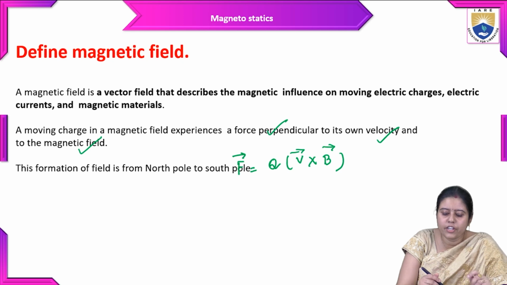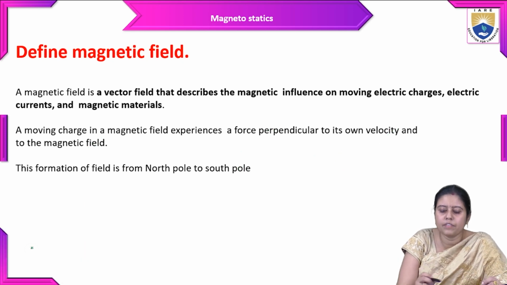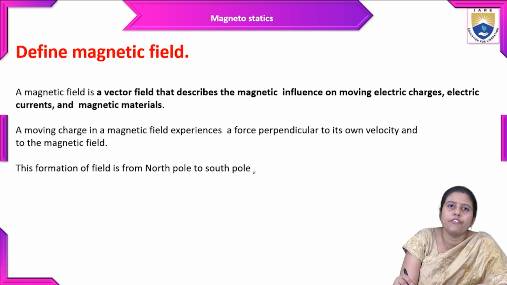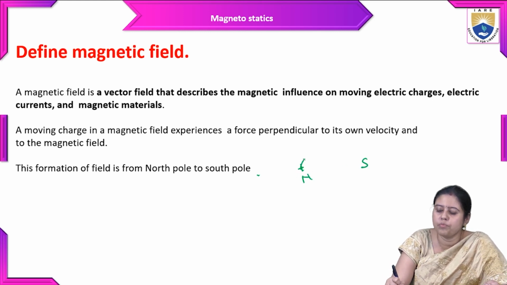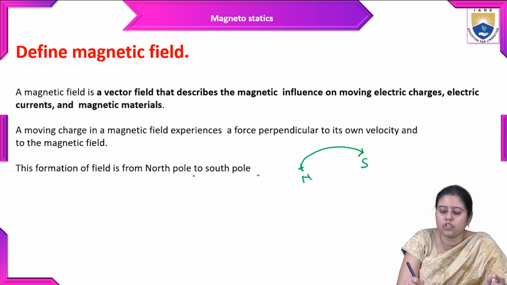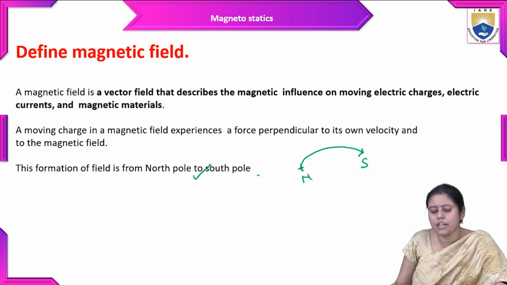What is the direction formation of the field? The formation of the field is always from north pole to south pole. If we have a north pole and a south pole, the field always starts from the north pole and meets at the south pole.